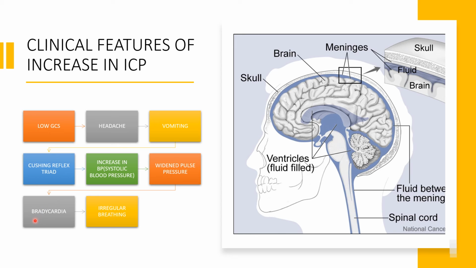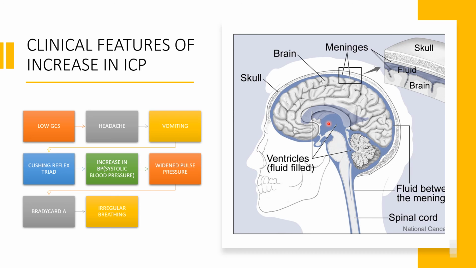So next, coming to bradycardia. As I told, the hypothalamus activates the sympathetic nervous system, then the adrenergic receptors in the blood vessels cause vasoconstriction. So the brain knows the BP is very high inside the body.